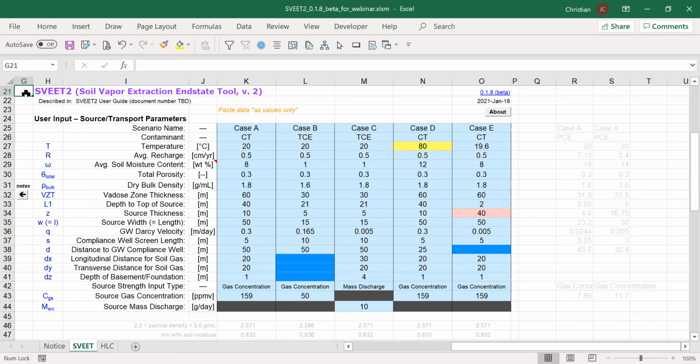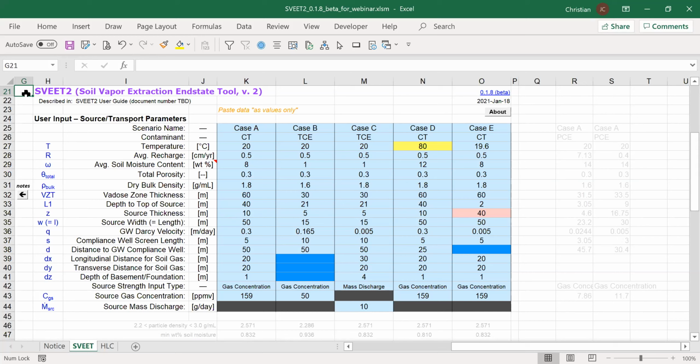So what's most important for this is really understanding your parameters. I think when you have a lot of parameter uncertainty, it's going to be harder to use this to support your remedial decisions. So there's some moisture content, right?